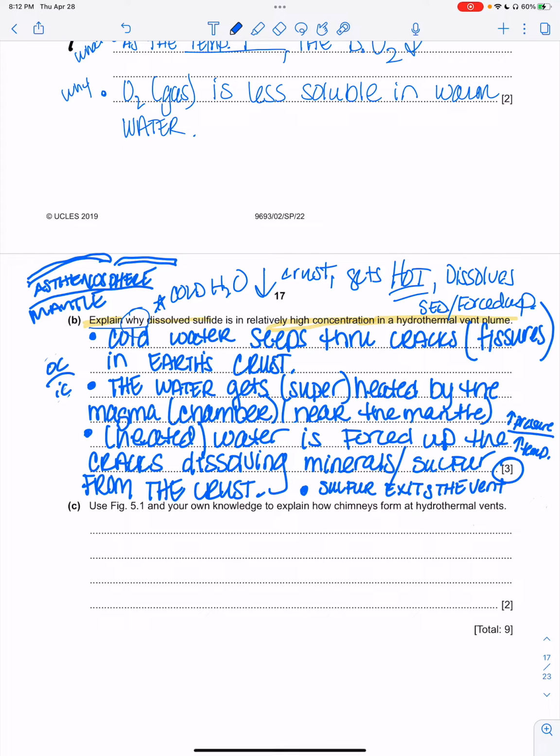Because the temperature is so warm, the density difference is so great, it's shot back up like a geyser essentially. All right, cold water seeps through the cracks in the Earth's crust. The water gets superheated by the magma chamber near the mantle. Heated water is forced up the cracks, dissolving minerals or sulfur, and that's due to the pressure and the temperature. Sulfur exits the vent.